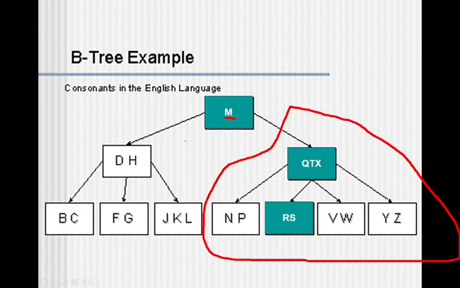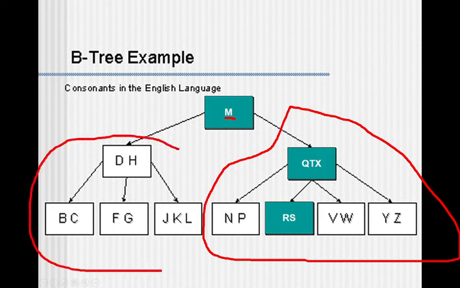And the values which are less than m, like a, b, c, d, although a is not stored here, I was just giving an example, are on the left side of m. Now considering this node, the values which are less than d, like a, b, c, are on the left side. The values which are greater than d and less than h lie in a node between these two values. How it gets created, I will be telling you shortly.